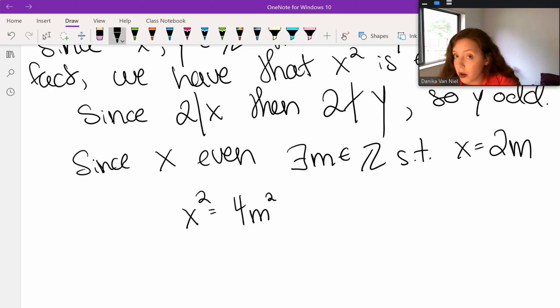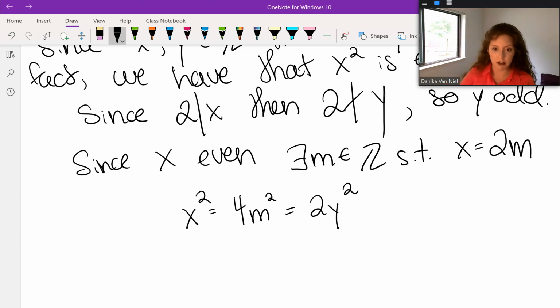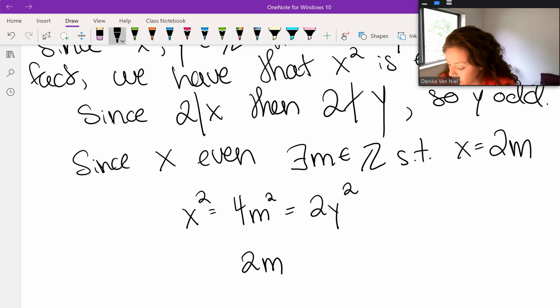But from before, we know that x squared equals 2y squared. Okay, so we're going to keep that on the board. We are in the reals/rationals, so we can divide by something non-zero. Of course, you can never divide by 0, but we can divide by something non-zero. So we can divide by 2 to get 2m squared equals y squared.